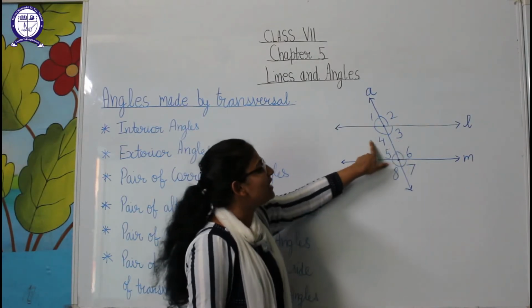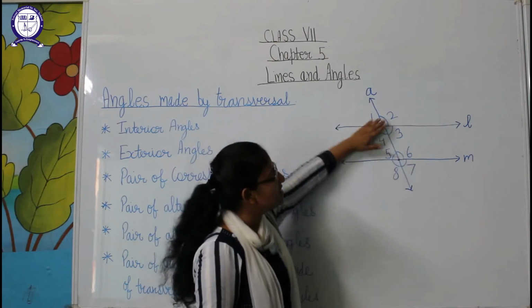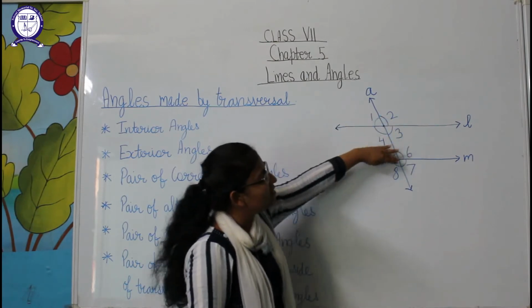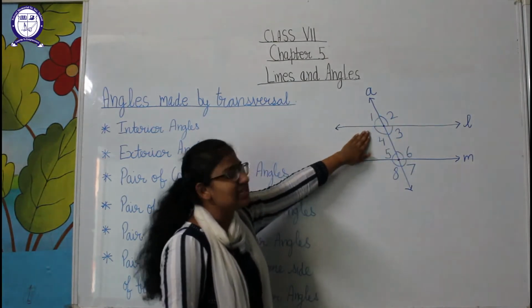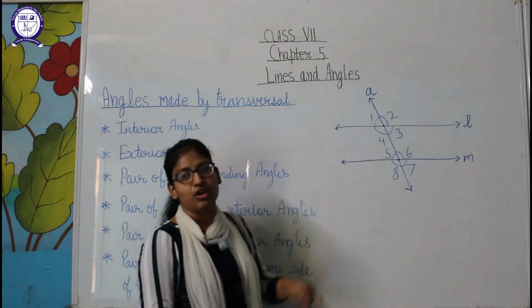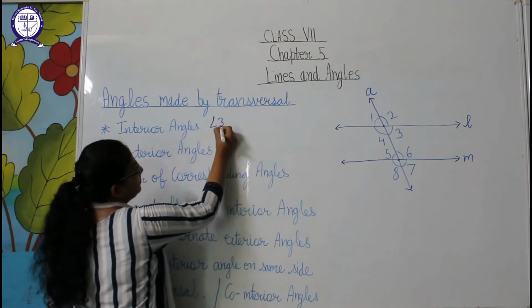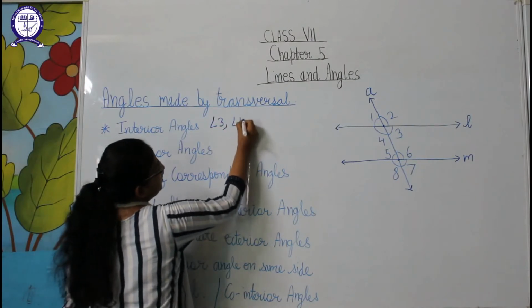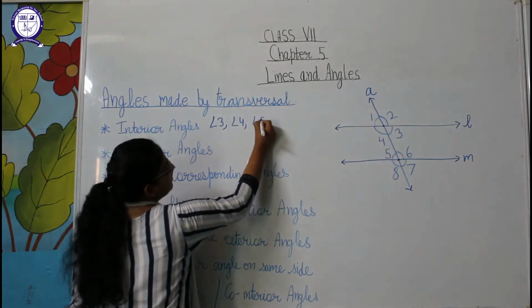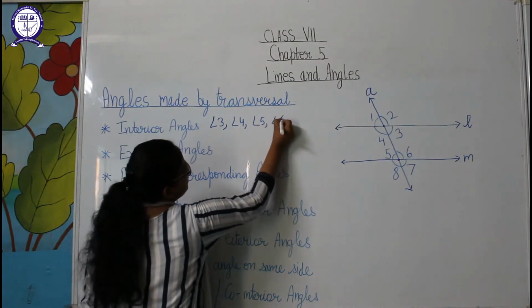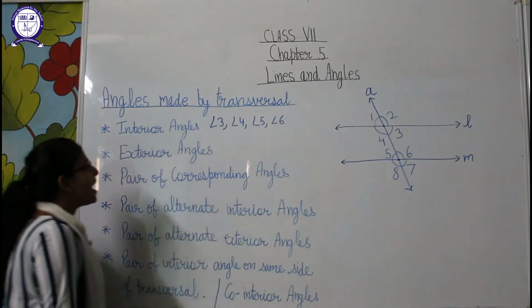So angle 3, angle 4, angle 5 and angle 6 are lying in this portion. So we will say that these are interior angles. So interior angles are angle 3, angle 4, angle 5 and angle 6. These four are interior angles.